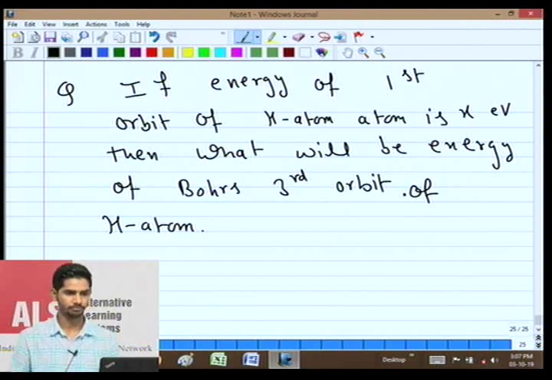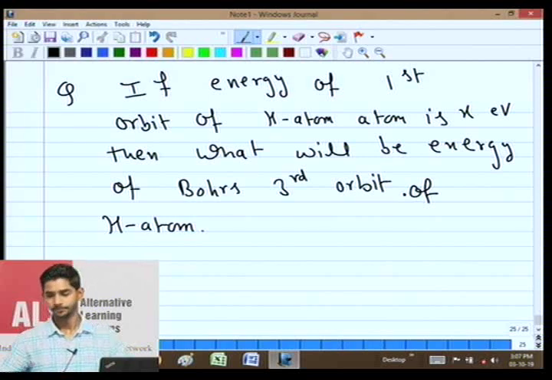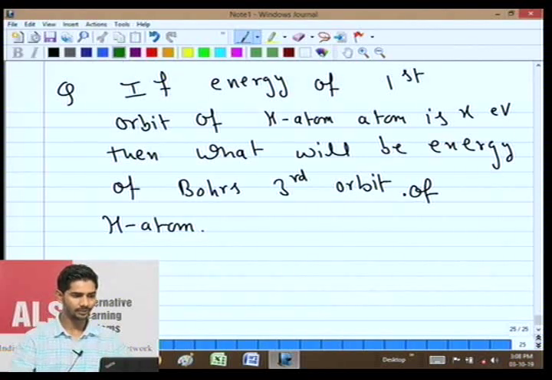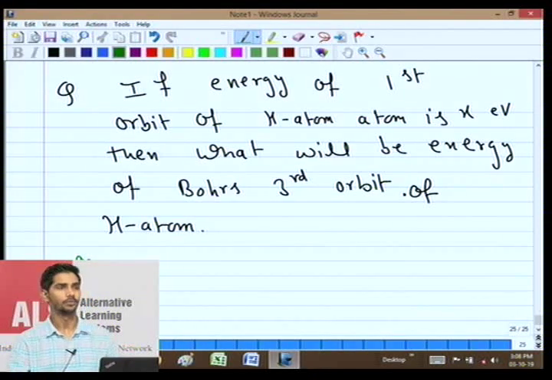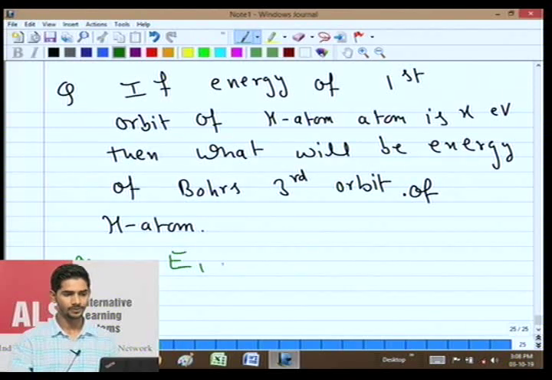Okay, let's see. So guys, let's start. First of all, remember one thing, that if energy of one orbit is given to you, then we have to use this one. E1 will be what?